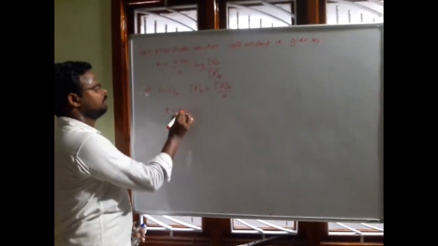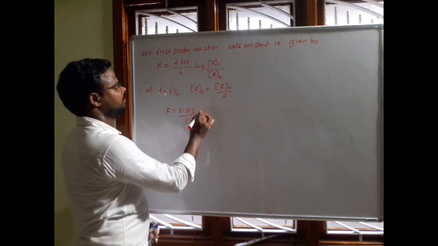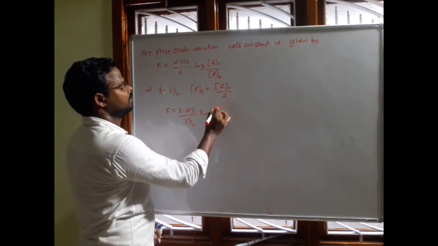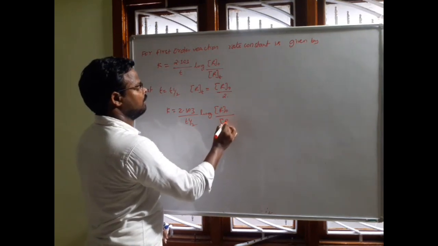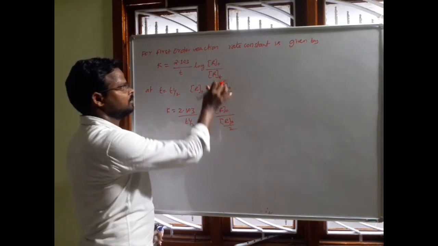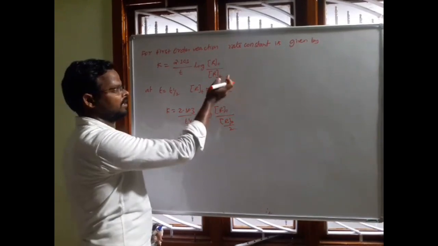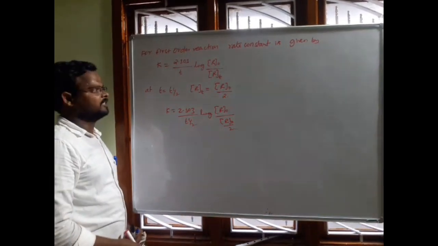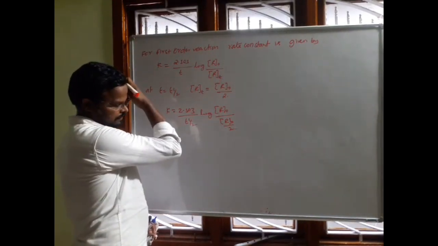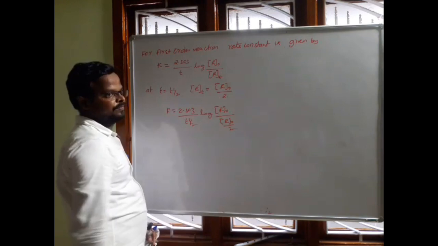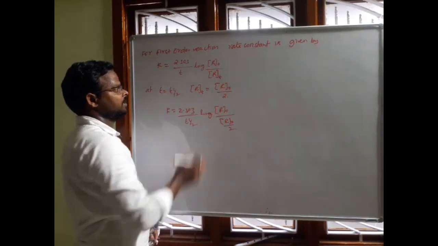K equal to 2.303 by T half into log of R naught by R naught by 2, because the concentration of reactant at time t is nothing but half of the initial concentration. Therefore, in place of R naught, in place of this Rt, we are placing R naught by 2.